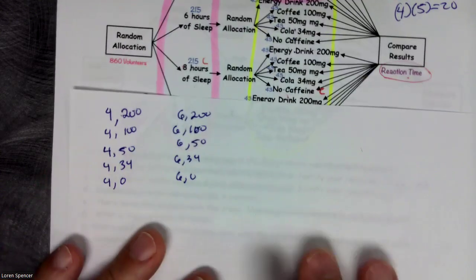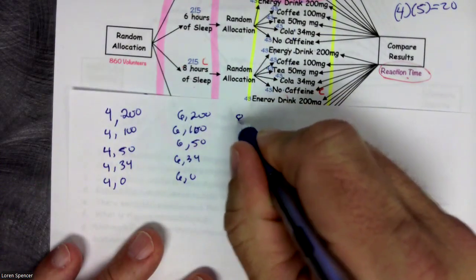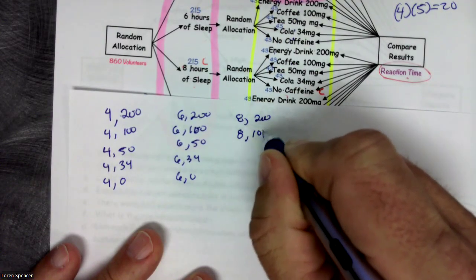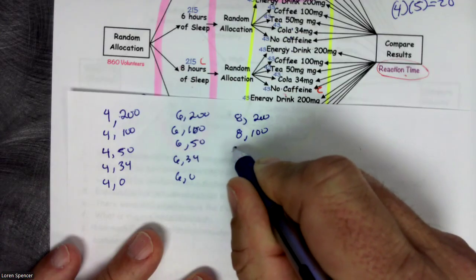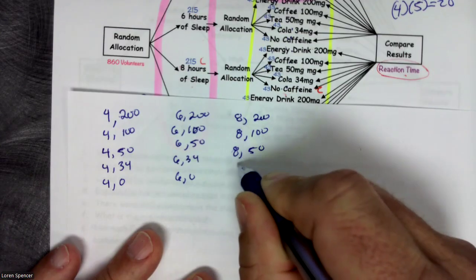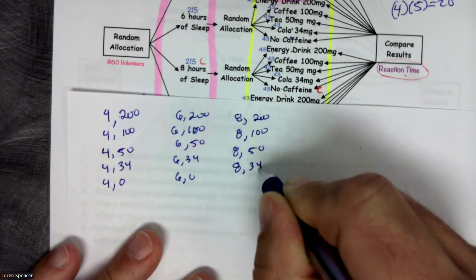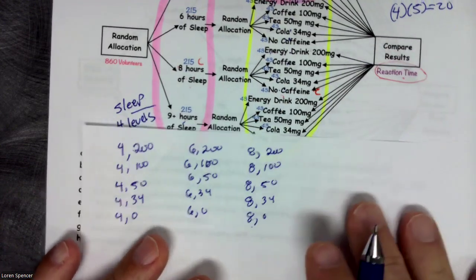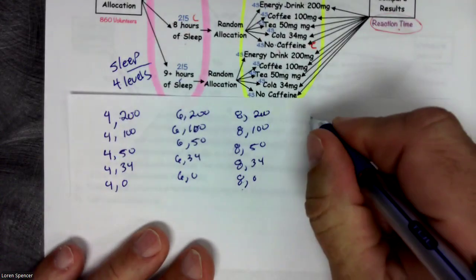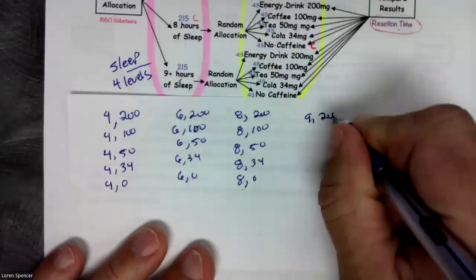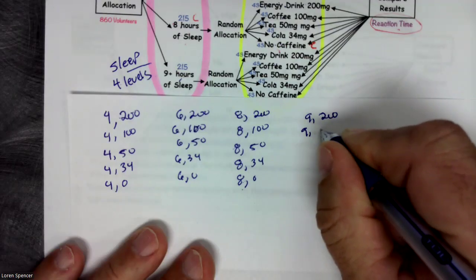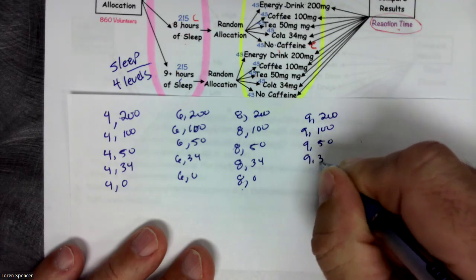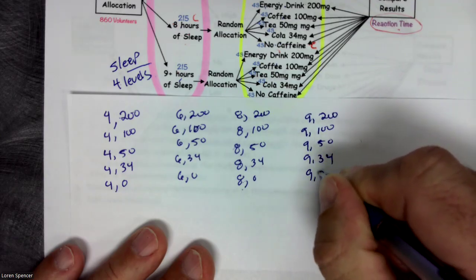Then we have 8, 200, 8, 100, 8, 50, 8, 34, 8, 0. And then the last one, 9, 200, 9, 100, 9, 50, 9, 34, 9, 0.